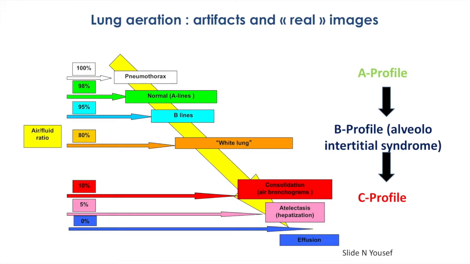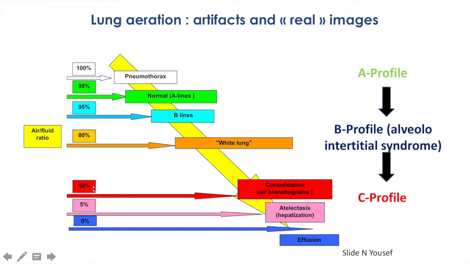To summarize, all artifacts, you see artifacts when you have more than 10% air. All of here, this part is artifacts. And real images seen when there is less than 10% air.